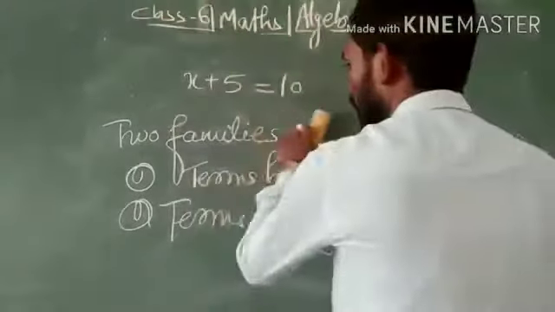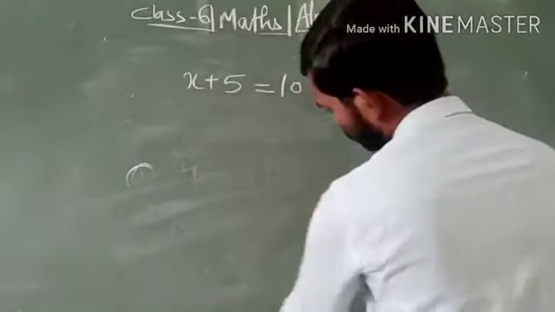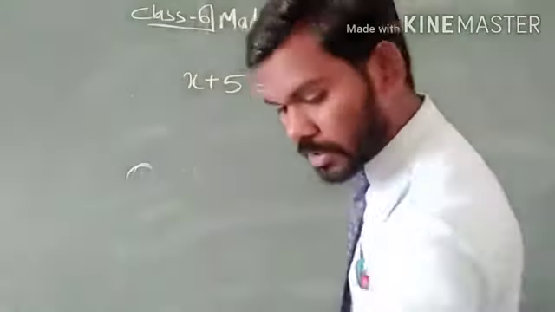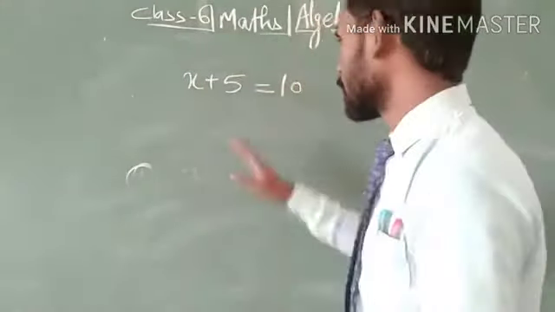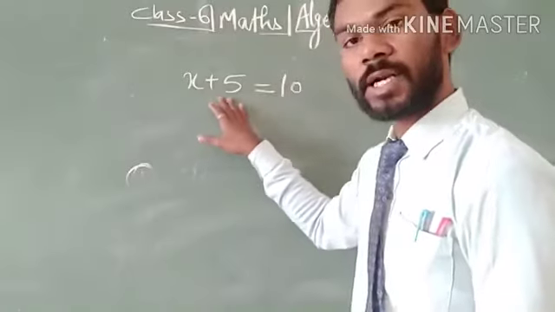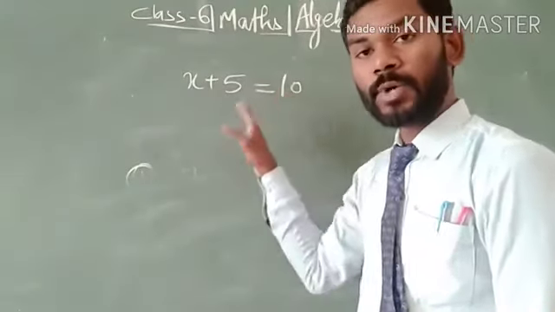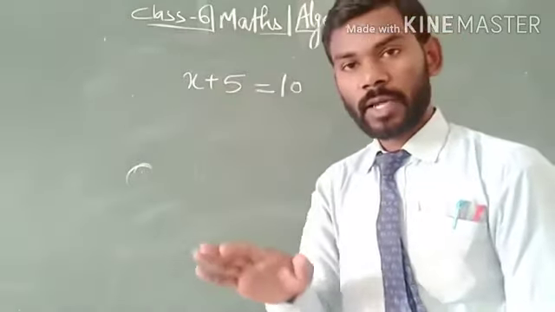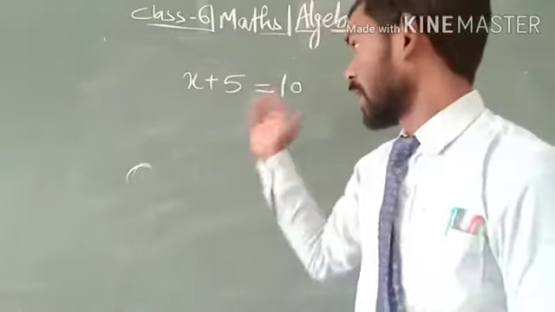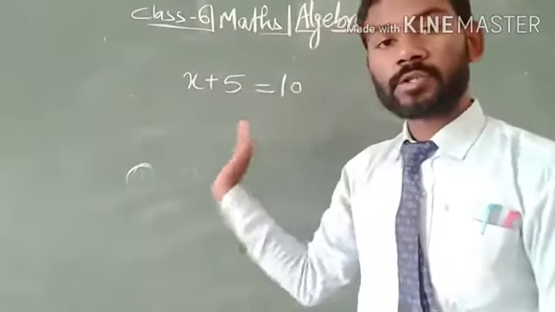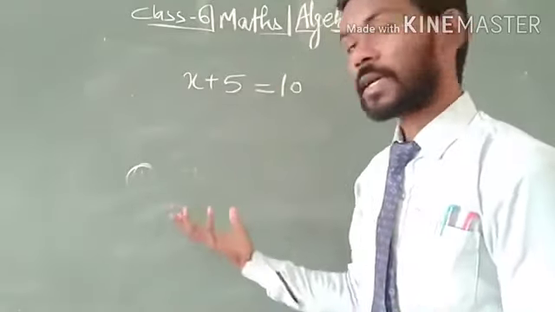So let us see here how we can solve. In this equation, we can see that the terms having no x are 5 in the left hand side and 10 in the right hand side. But the term having x is only in the left hand side, and in the right hand side there is no term having x.